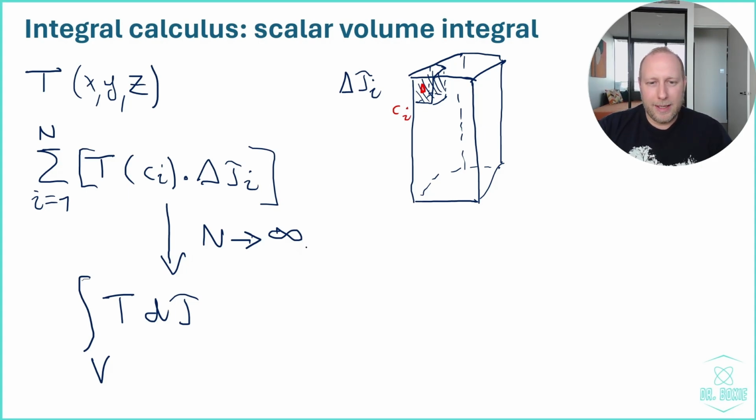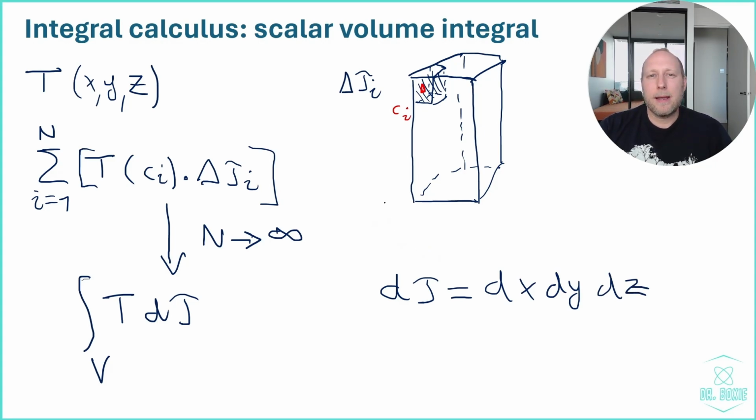If we choose to work in Cartesian coordinates, then d tau is of the form dx dy dz. And as we will see in one of the next lessons, if we choose to work in other coordinate systems, spherical coordinates, cylindrical coordinates, then the expression for d tau will be different, but the idea is still the same.